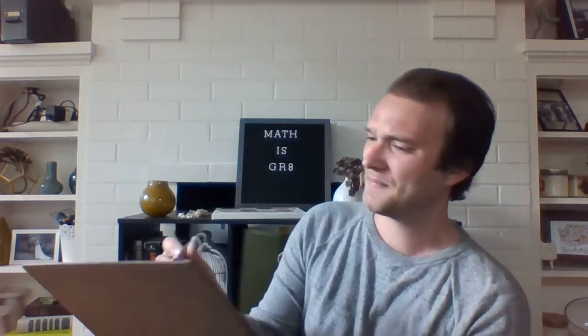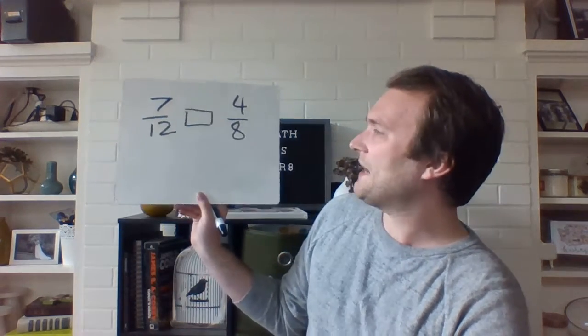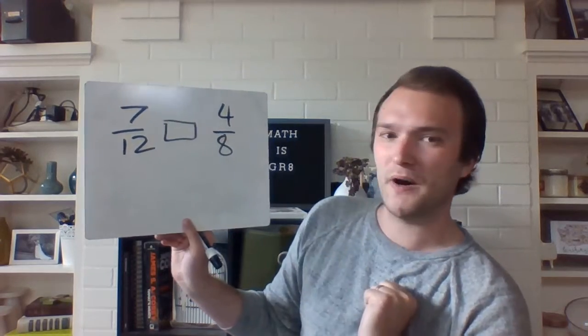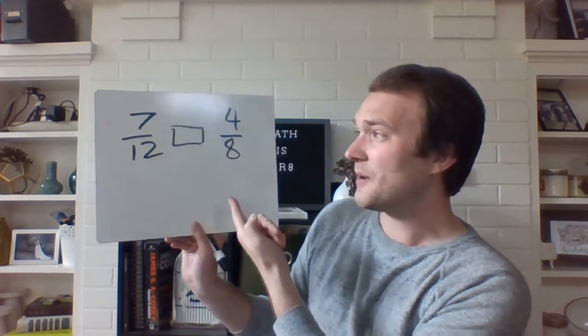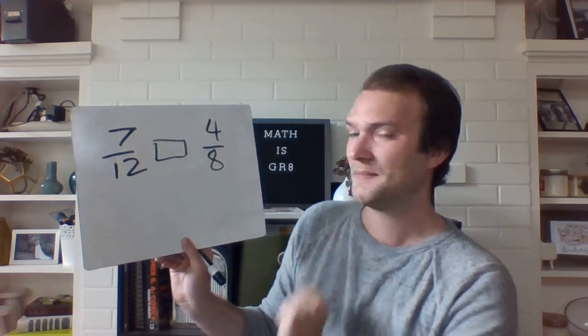In this problem, we can't really do that. There's not a number that I can multiply 8 by to easily get a denominator of 12. So instead, what I'm going to do for this problem is multiply both sides, and I'm going to multiply them to find a common denominator.